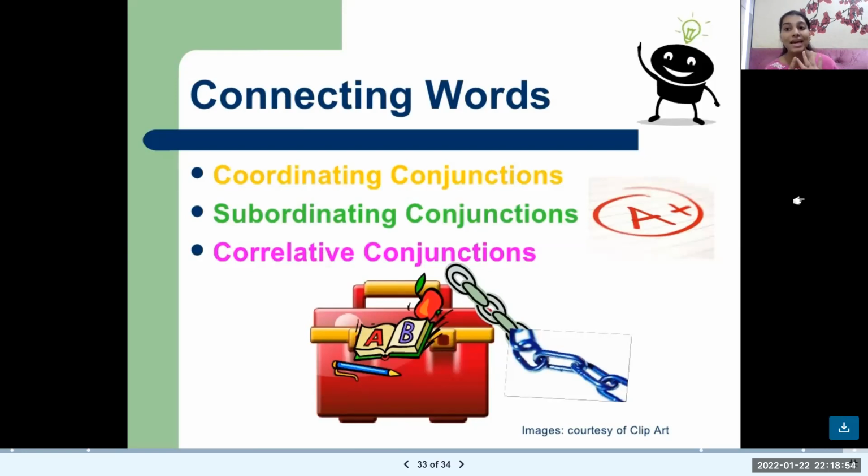Remember, they are pairs of words, right? It is a pair of words which is used together, and the dots that are there signify that there will be some words in between for the entire pair to work together, right? So this was parts of speech, precisely conjunctions or connecting words, and these are the types.